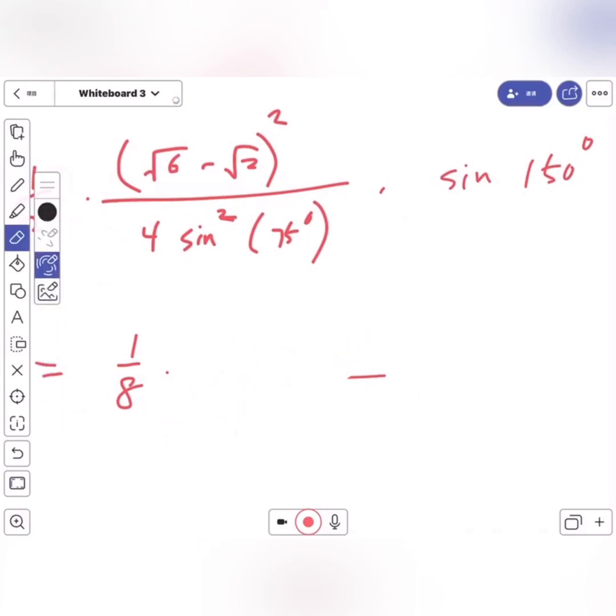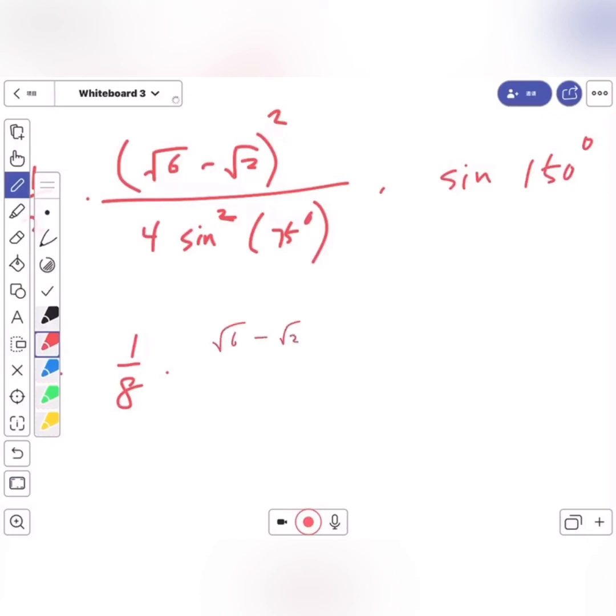Well, we know that sine of 75 is root 6 plus root 2 over 4, squared, times sine of 150.